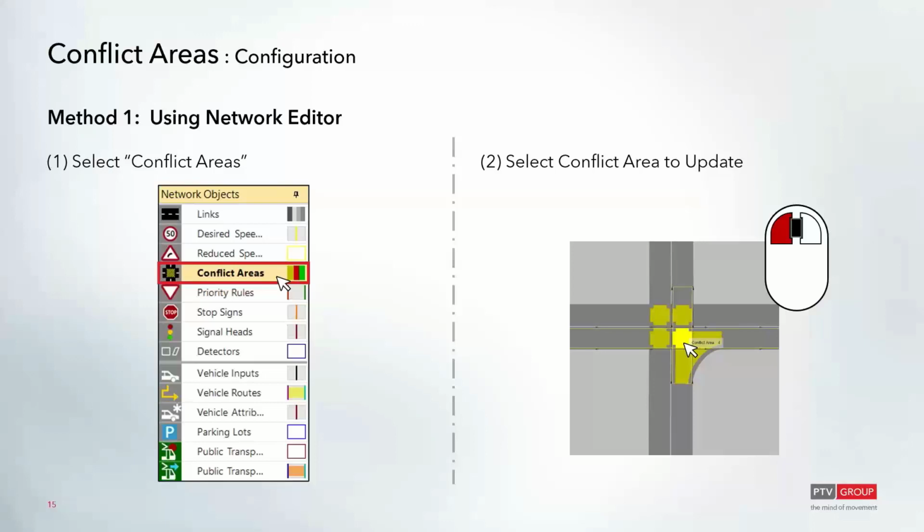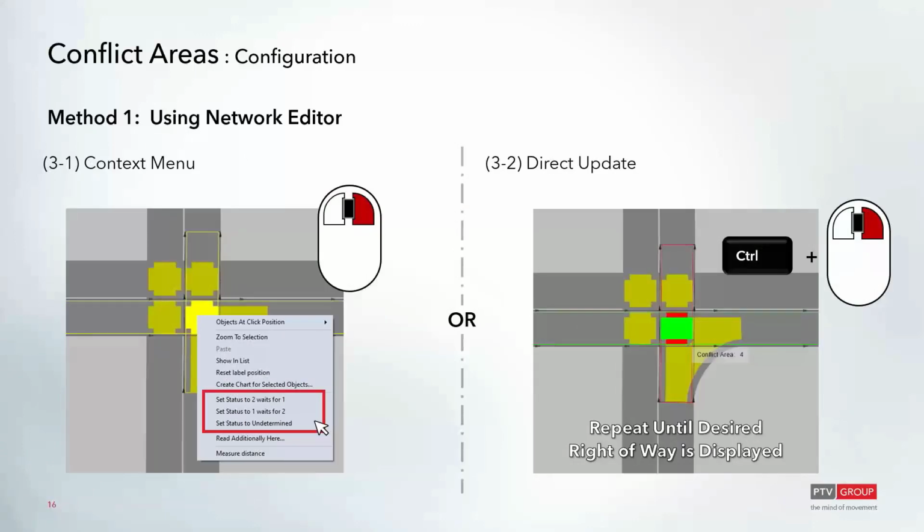In order to configure the right-of-way on a conflict area, you'll want to make sure you have that conflict area object selected in the network object toolbar. And then you can left-click on one of those yellow passive conflict areas. Then you can update that right-of-way if you right-click to open up the context menu.